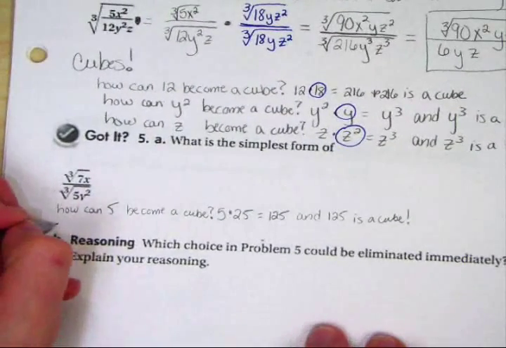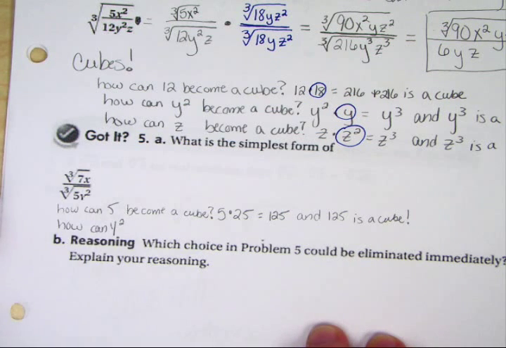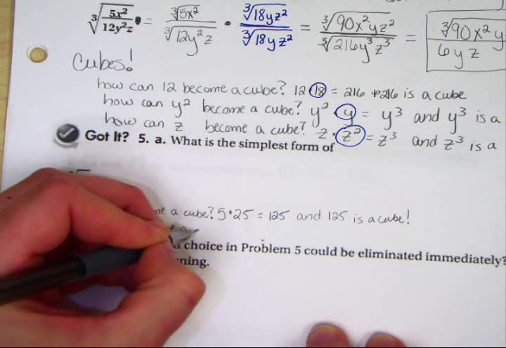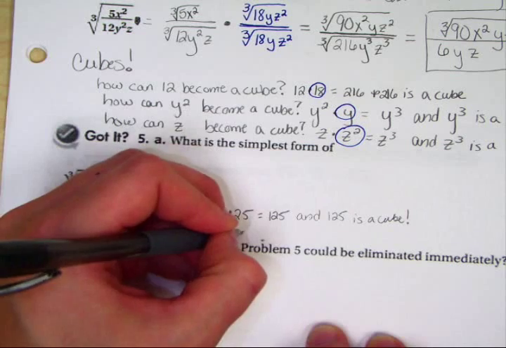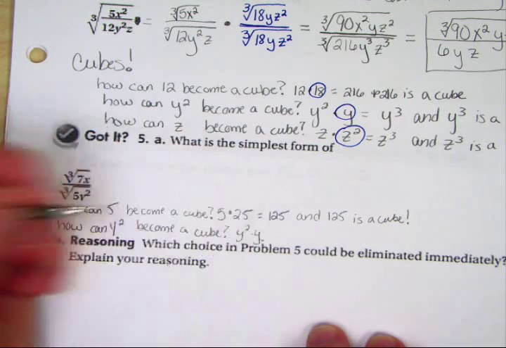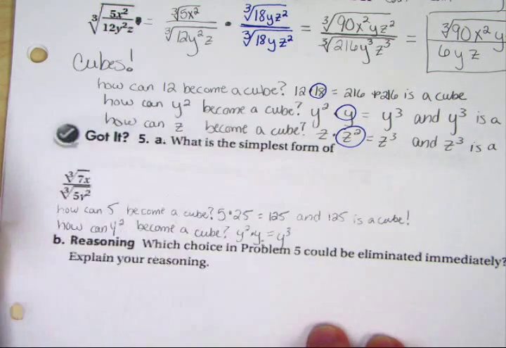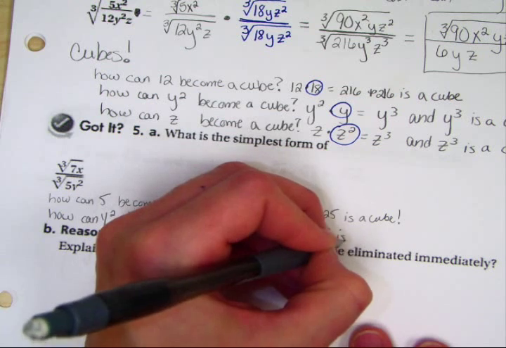Next, how can y squared become a cube? What if you do y squared times y? That is y cubed. And y cubed is a cube.